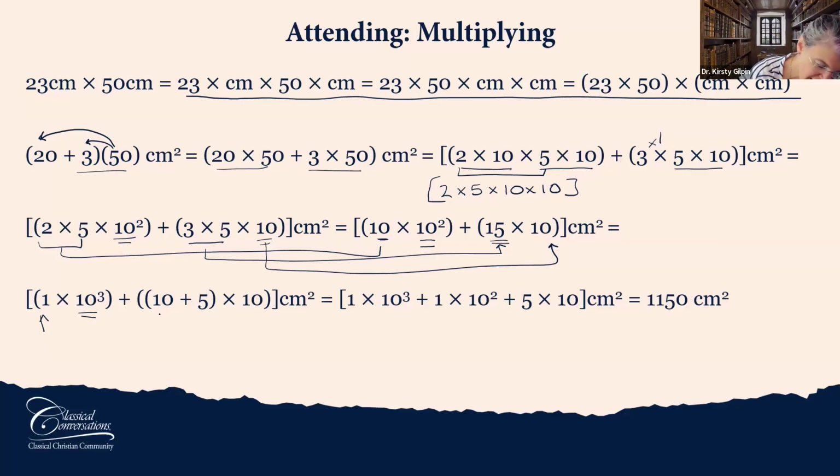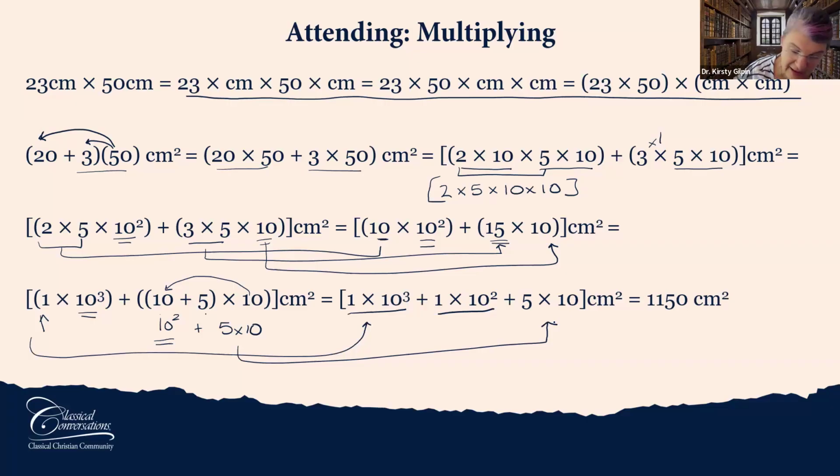My 15 I can write as 10 plus 5, and now I see that I'm going to have a 10 squared and a 5 times 10. And so I end up with my 1 times 10 cubed. Here's my 1 times 10 squared. Here's my 5 times 10. And I didn't have any ones because I had this 10 in there.